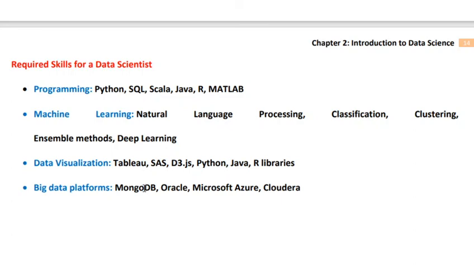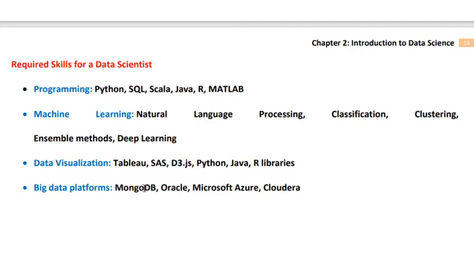You have different libraries for it. Big data platforms like MongoDB, Oracle, Microsoft Azure, Cloudera. These are some of the technical skills that are essential for a data scientist. But you need to remember the basic activities that are to be performed by the data scientist in order to maximize the business objective.